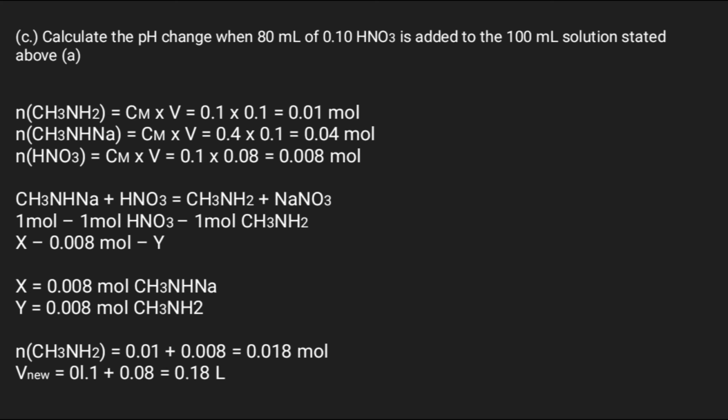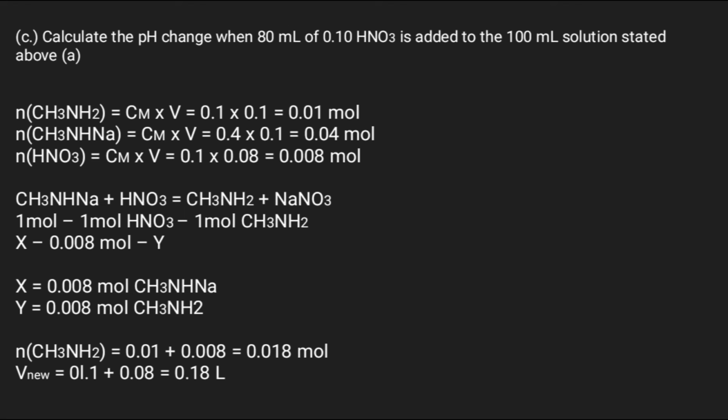The balanced equation for this reaction is CH3NHNa plus HNO3 is equal to CH3NH2 plus NaNO3. 1 mole to 1 mole of HNO3 to 1 mole CH3NH2. X to 0.008 mole to Y, and X is equal to 0.008 mole CH3NHNa and Y is 0.008 mole CH3NH2.